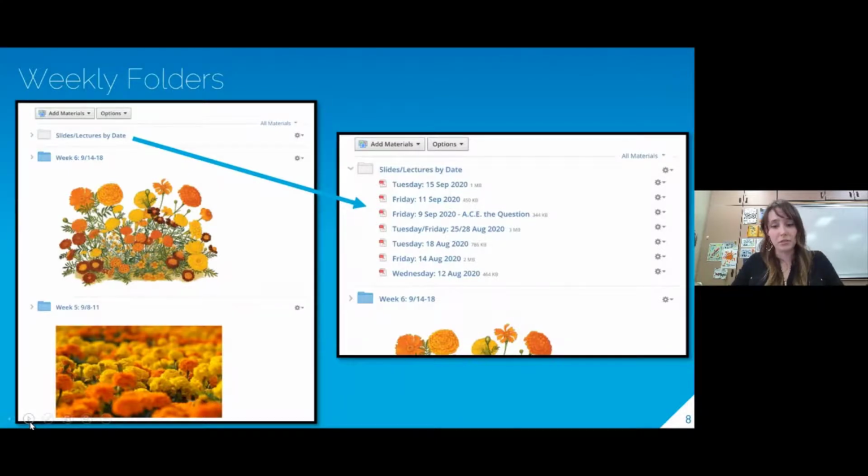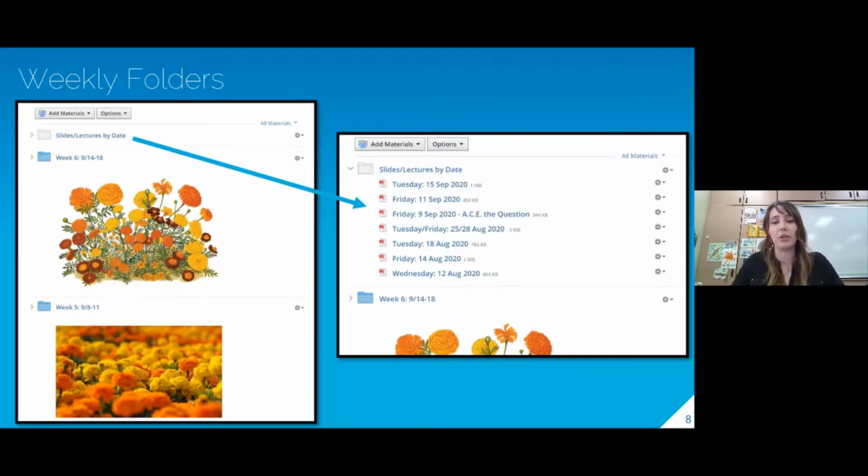My folders for the weeks are laid out weekly. At the very top of that page, though, are my slides and lectures by date, and that is pinned to the top so that they always know where they can go back if they missed information. You can see in the second photo, my slides and lectures by date. I always categorize these with the most recent at the top.